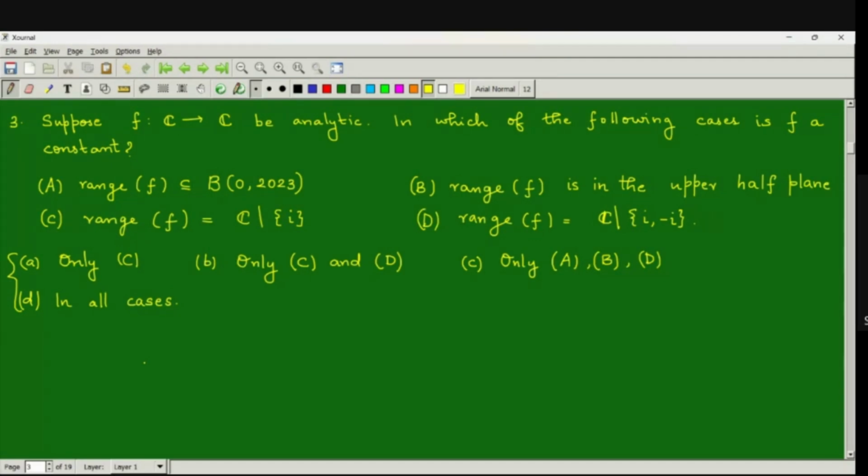Be thorough with all the theorems, not just mugging up. Just try to understand what the theorems are telling and how we can apply them in the results. So let everyone think. We'll wait for a minute, then we will start. This is an easy question. So we'll wait for 10 to 15 seconds and then we'll start.